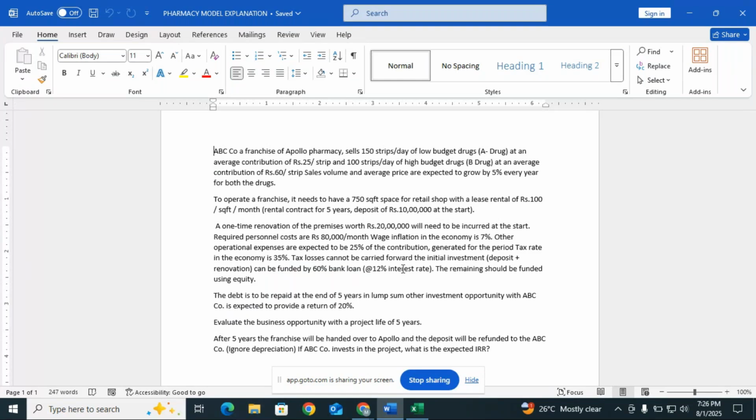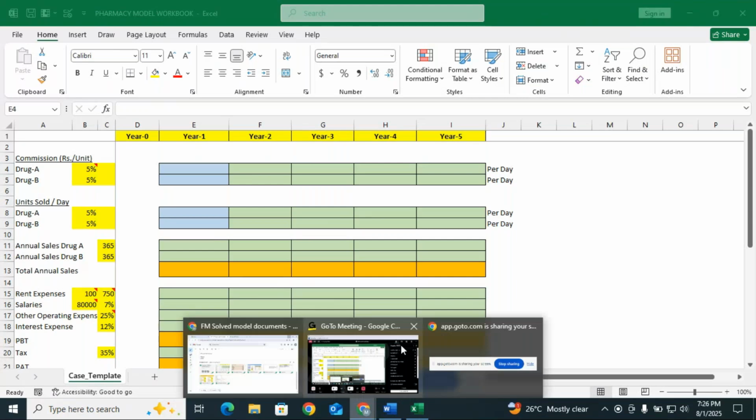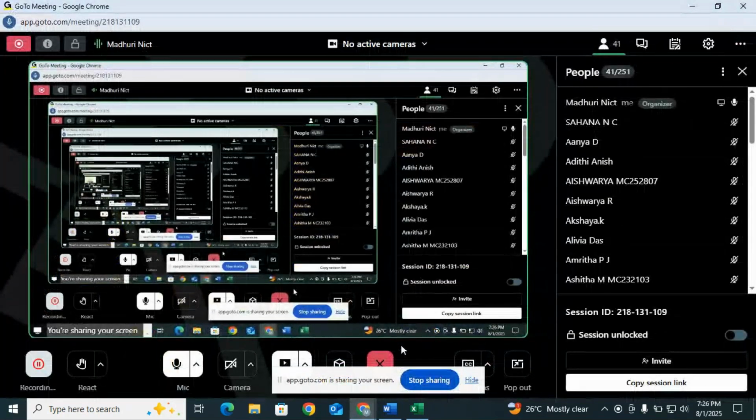Right. So hope all of you are clear with this case study here. Just the initial part we want to do here. Just open the next Excel file. Have you opened the Excel file? Pharmacy workbook file.